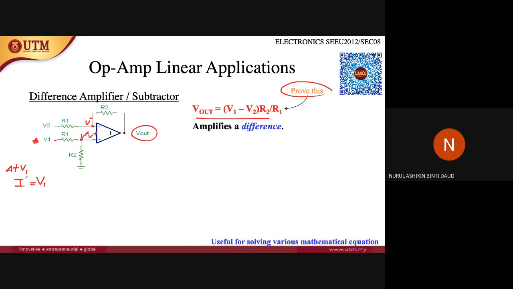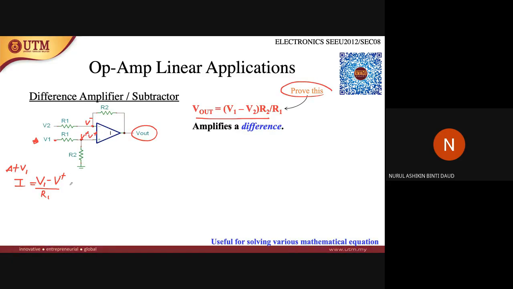To measure the current that flows here, it will be V1 minus V plus over R1. This current is the same as the current flowing here, since current cannot enter the op-amp device.